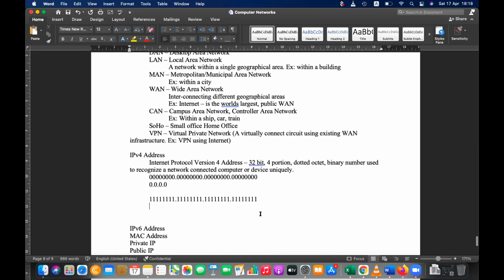Can you convert and tell me the value? Please convert this binary value to decimal and tell me the value.